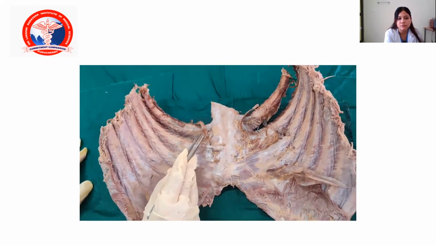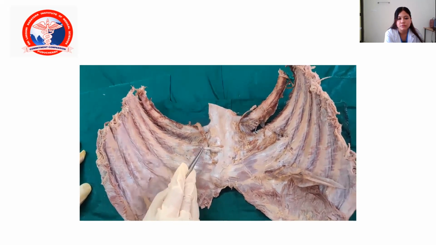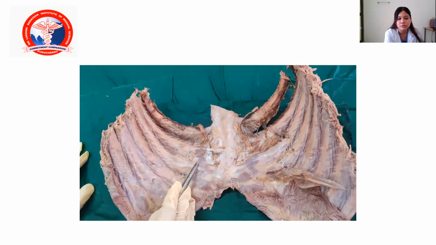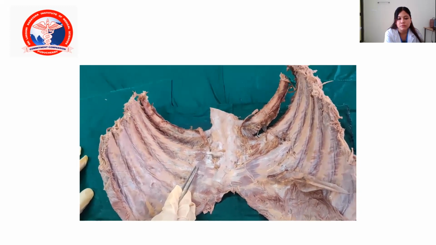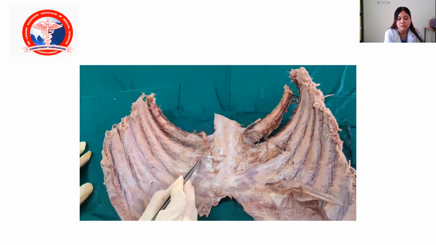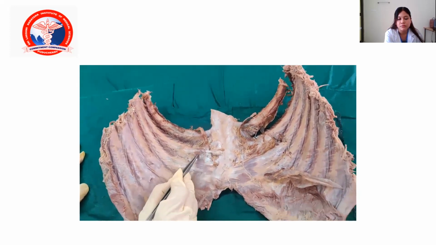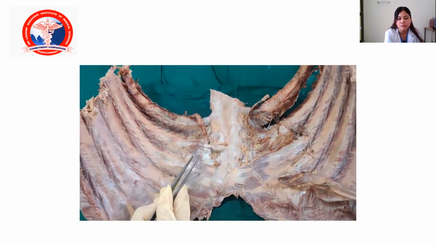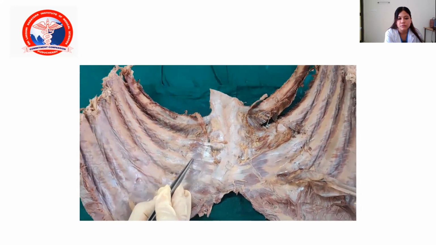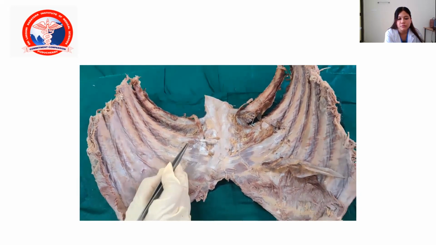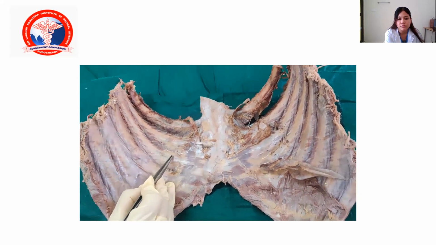So this is actually the internal thoracic artery, which gives two anterior intercostal arteries in each space. One artery runs along the lower margin or border of the upper rib. Another artery runs along the upper margin of the lower rib. Okay, I'm talking about one intercostal space.